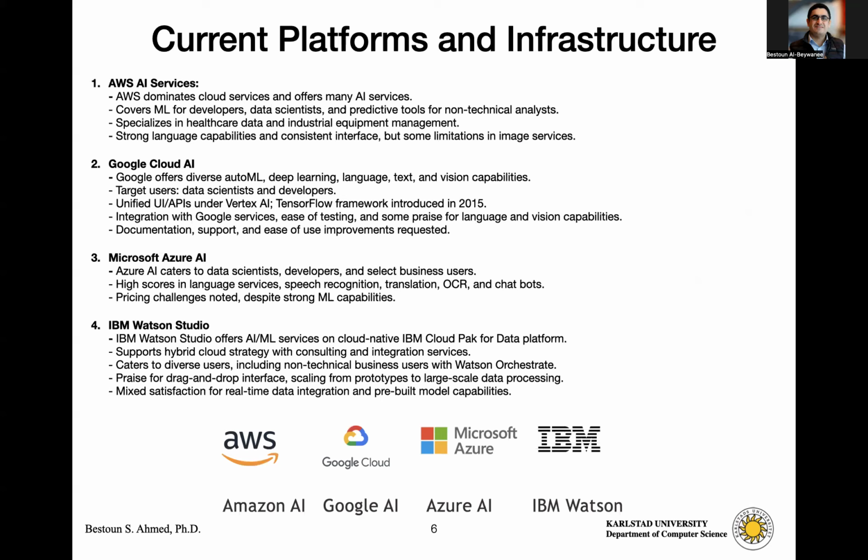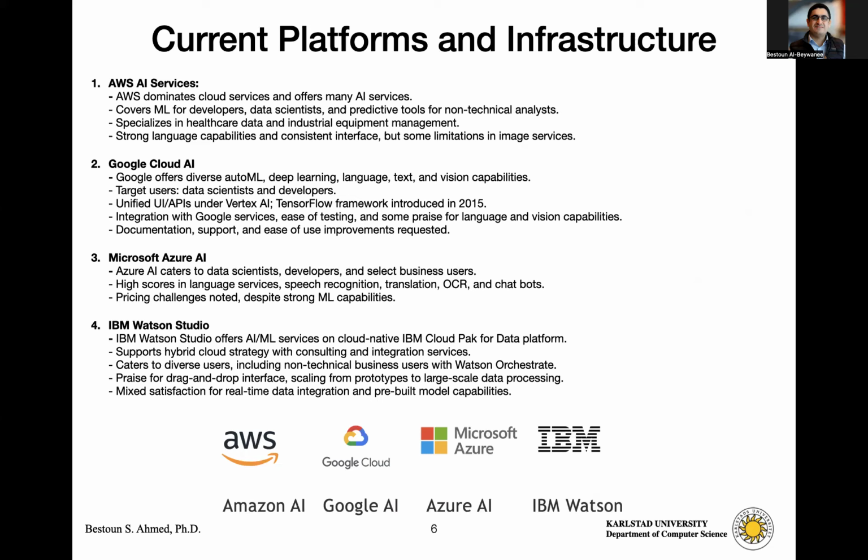So Amazon Web Services, you have a lot of AI services in Amazon Web Services, and this gives you a lot of functionalities for the data scientists, for the developers. You get many AI services, healthcare, industrial equipment. You just need to contact Amazon, get the services and pay for them.